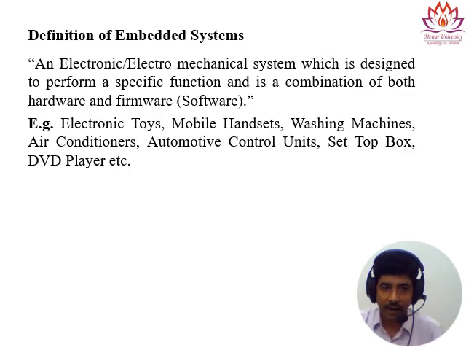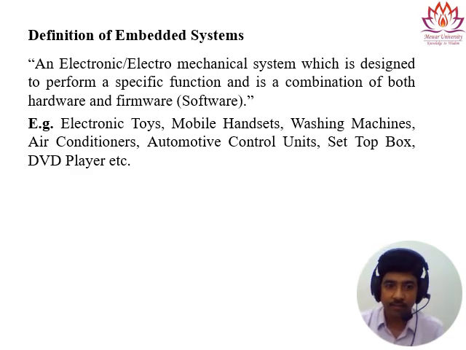Finally, we can say that an electronic or electromechanical system which is designed to perform a specific function and is a combination of both hardware and software is called an embedded system.